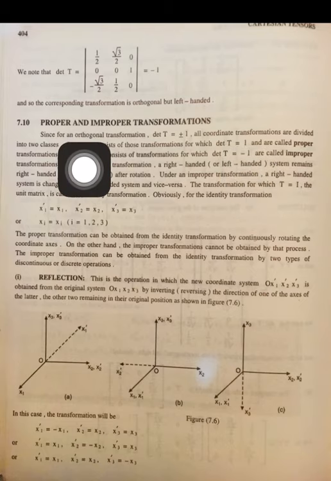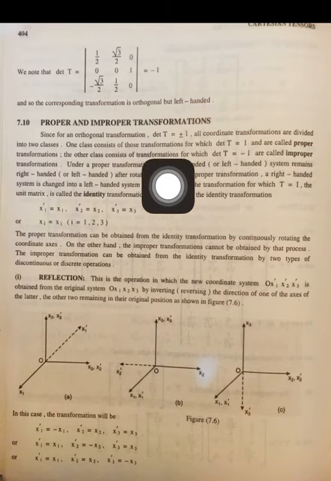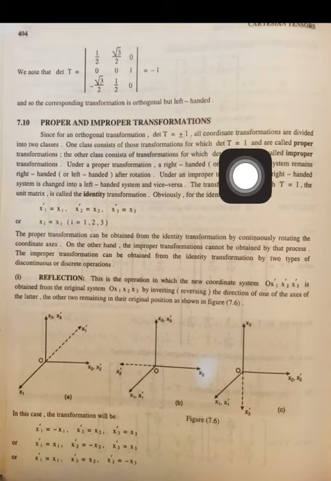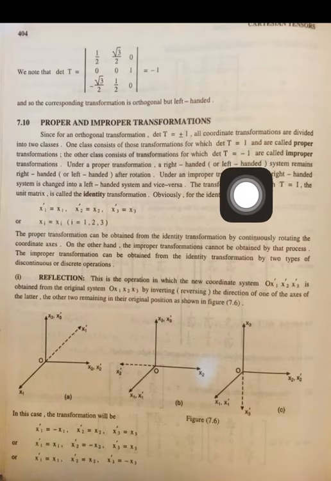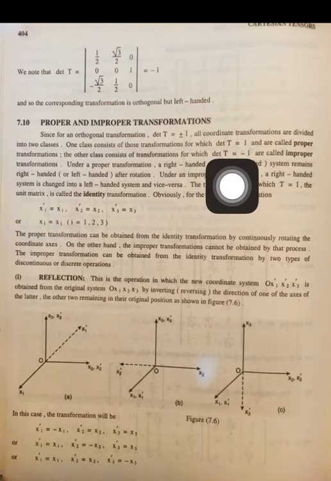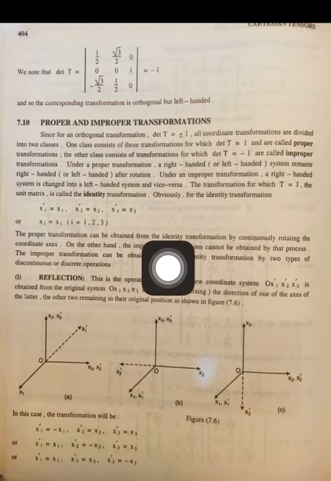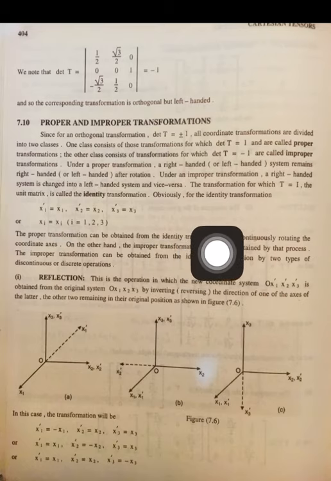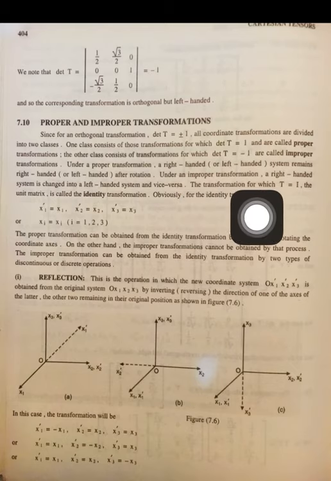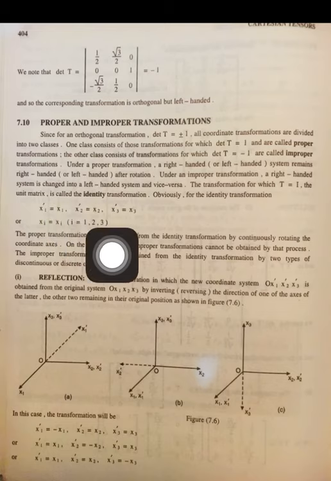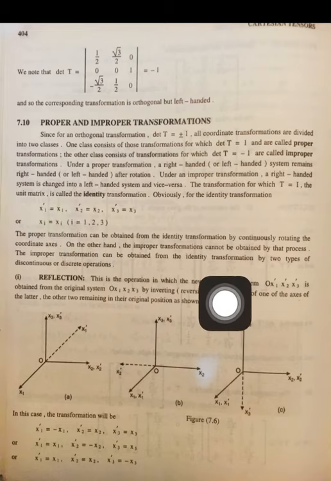So there are proper and improper transformations. The proper transformation is one in which the determinant of T is 1. Generally we can call it right-handed, and if the determinant is -1, then this transformation is known as an improper transformation. Now further, the transformation for which T is the identity, the unit matrix, is called the identity transformation.